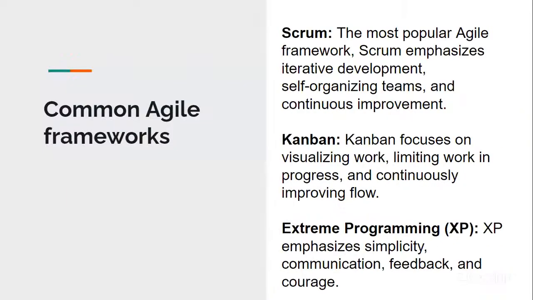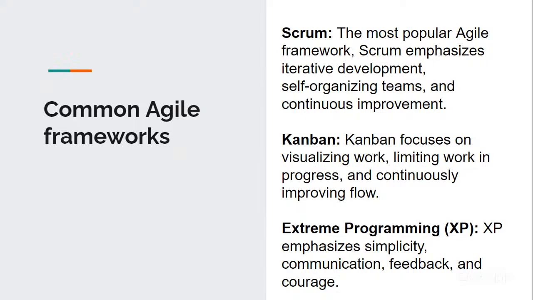So we have the common agile frameworks. Under the agile methodology, we have three major frameworks, which are Scrum, Kanban, and extreme programming. Scrum is a very popular Agile framework, which emphasizes iterative development, that is sprint development, self-organizing teams and continuous improvement.